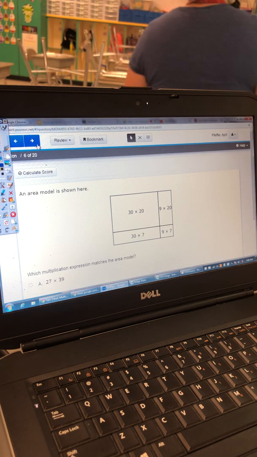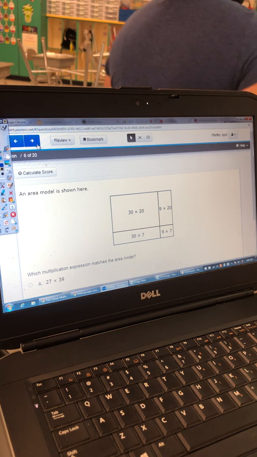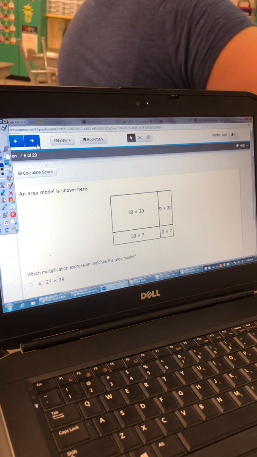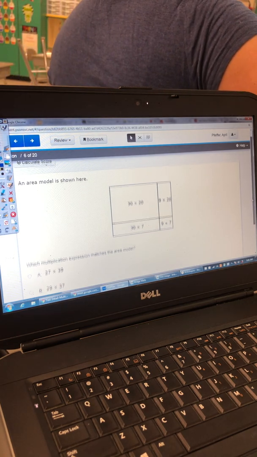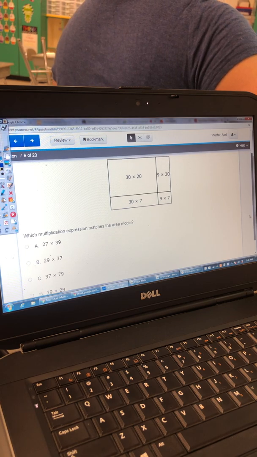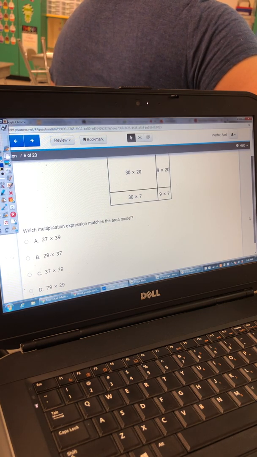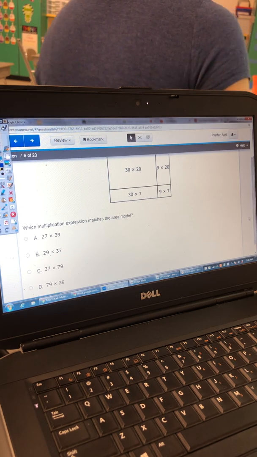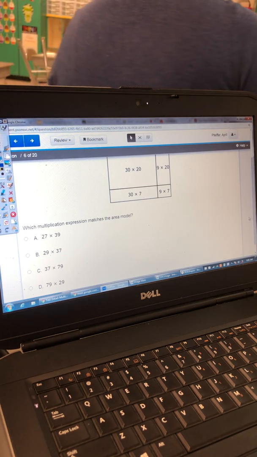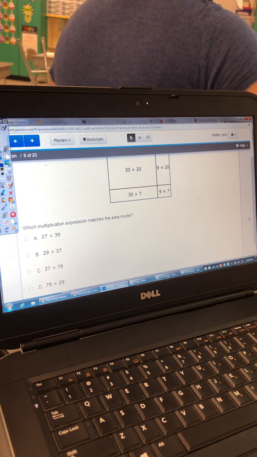Alright, looking at, oh, here we go. Says, an area model is shown here. Which multiplication expression matches the area model? So draw out your area model.